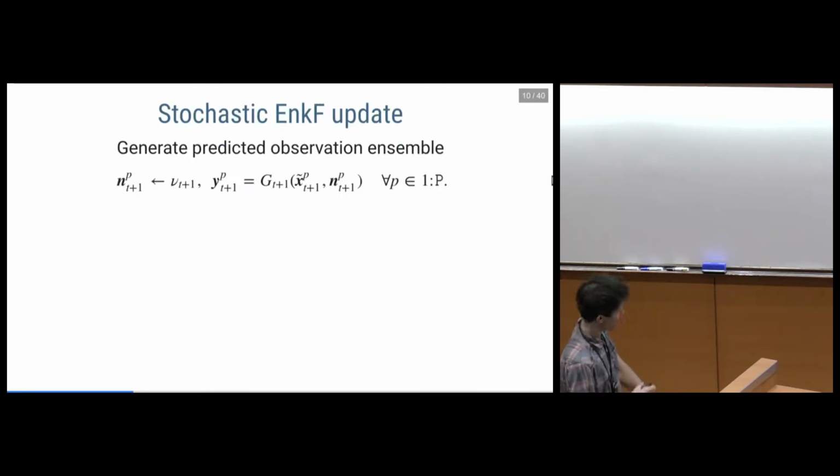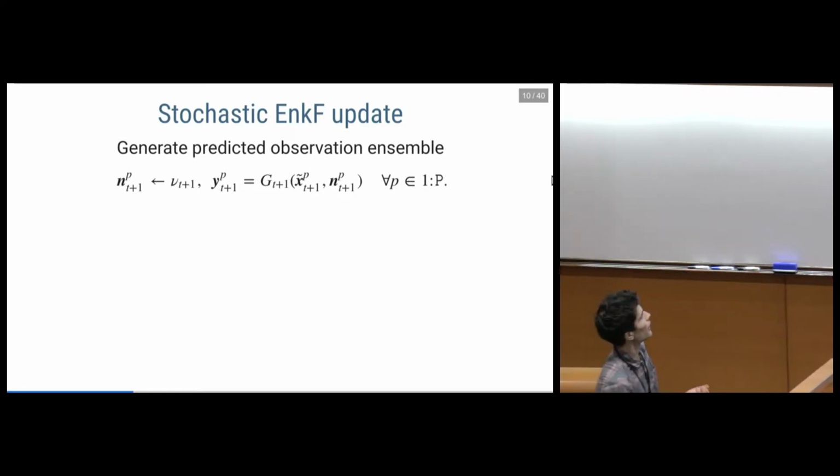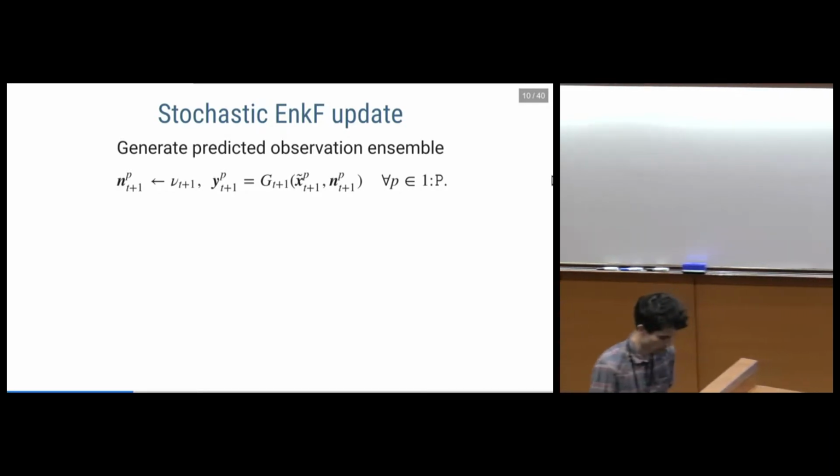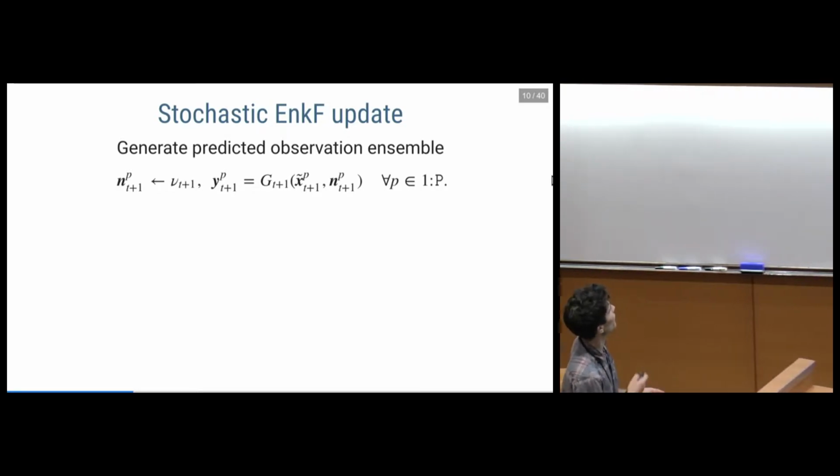So the basic form of the ensemble Kalman filter update takes the following form. We're going to specifically talk about here what's sometimes called the stochastic ensemble Kalman filter. And this has a very simple intuitive form. So we first simulate observations given our current state ensemble.